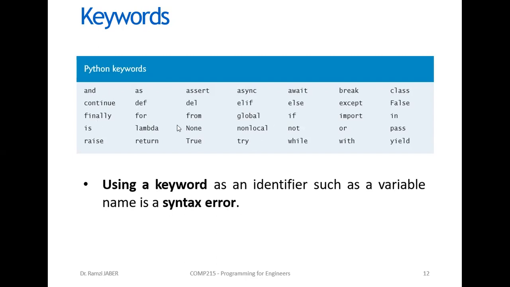These are called keywords. C and Java have their different keywords, and Python has its own different keywords. So these are reserved words, reserved only for the Python interpreter. You cannot assign a variable to one of them.